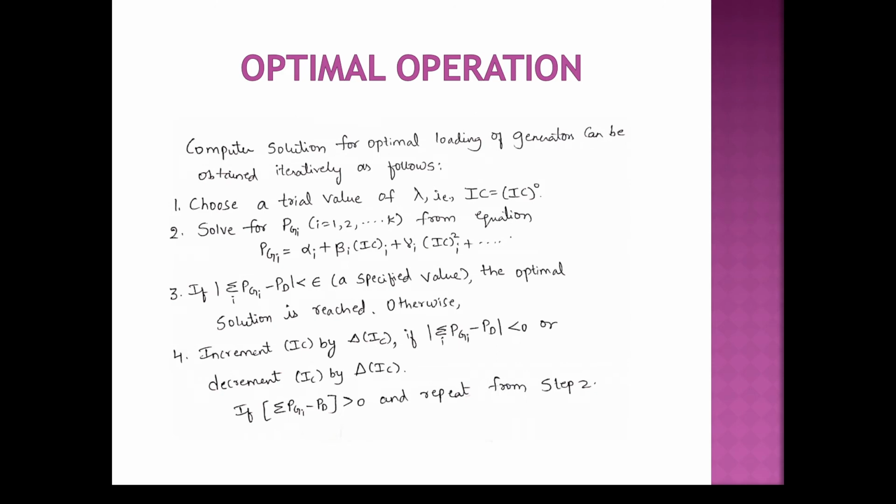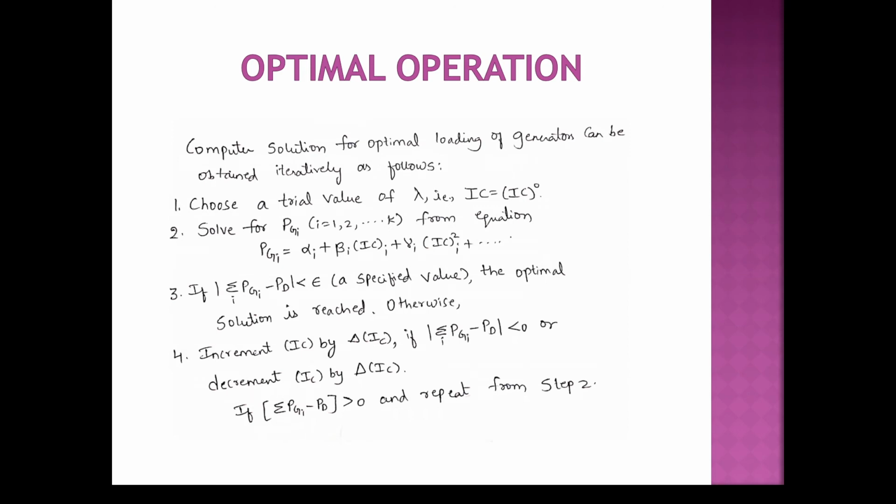A computer solution for optimal loading of generators can be obtained iteratively as follows. First, choose a trial value of lambda, that is IC equal to IC0 or lambda equal to lambda 0. Some lambda 0 value we are assuming in the starting. Second step is to solve for PGi from the equation PGi equal to alpha i plus beta i ICi plus gamma i ICi square and so on.